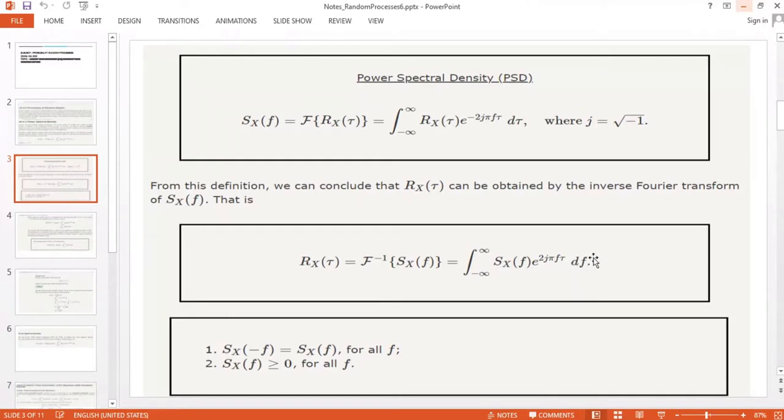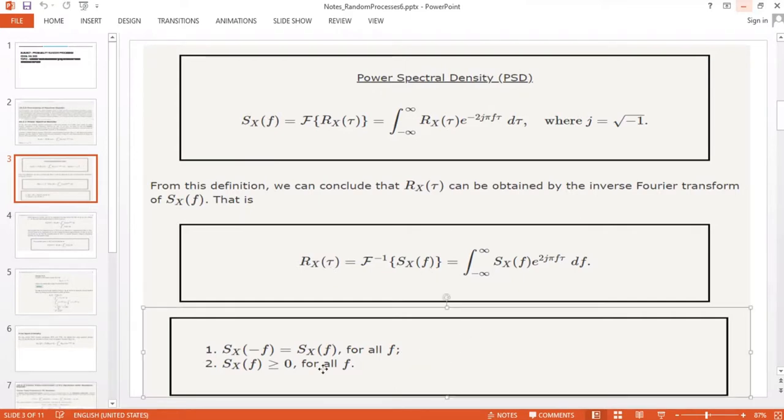If we integrate this with respect to f and substitute the limits f equals minus infinity and plus infinity, whatever we get as a function of tau is known as Rx(tau), the autocorrelation function for the random process X(t).